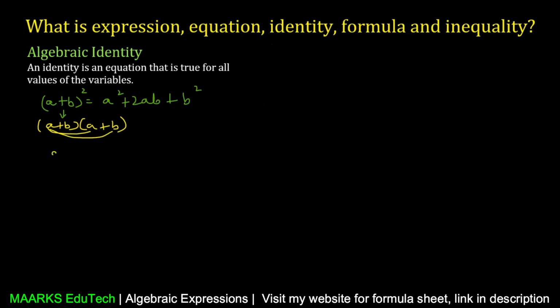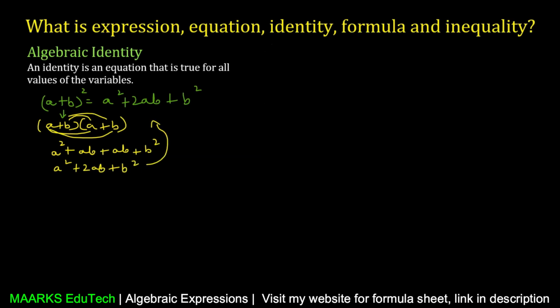We have two a's, so a square here, and plus ab. Now this b will multiply with a and with b. So b into a is ab and b into b is b square. So we have a square plus ab plus ab is 2ab, and plus b square. So you can see this thing is equal to the right side.